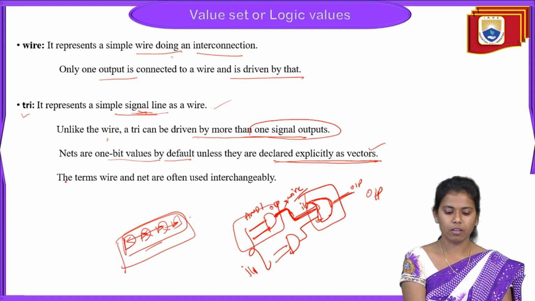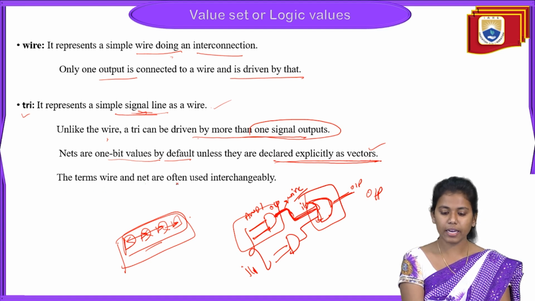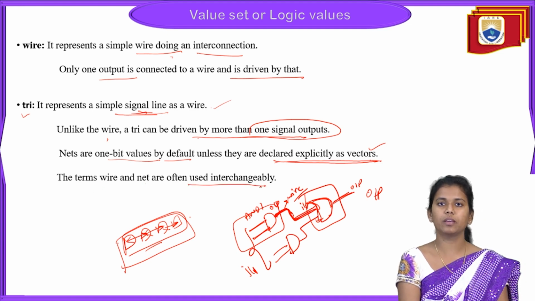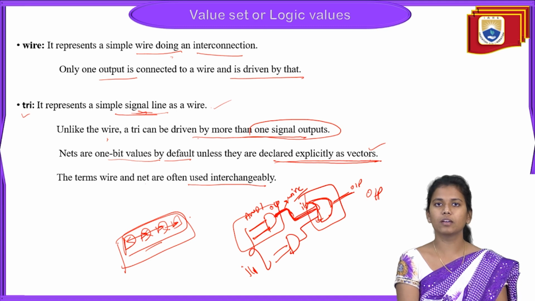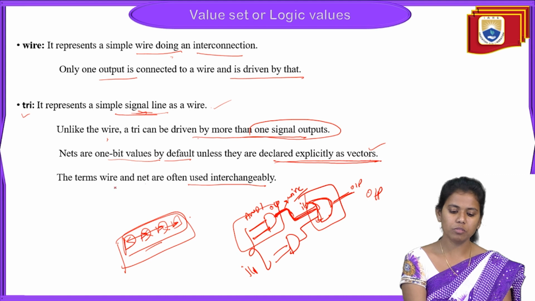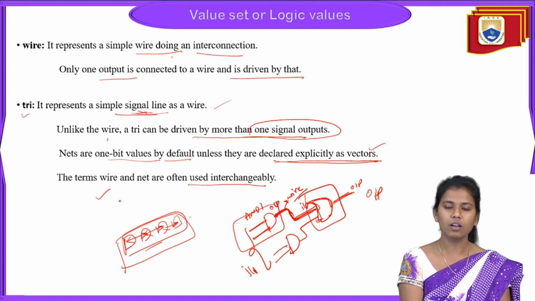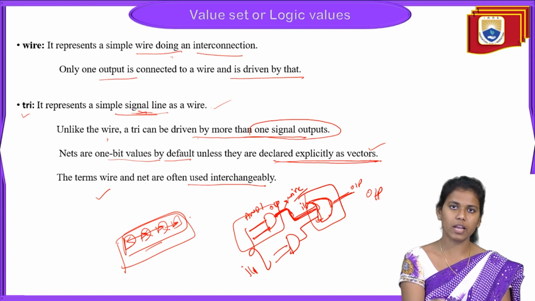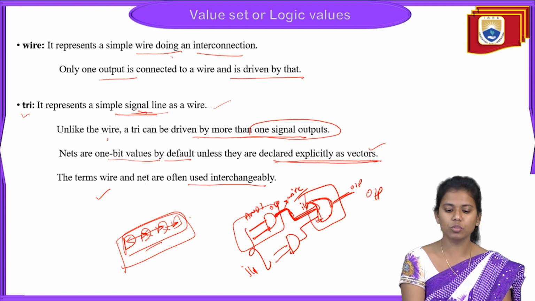Okay. Then the terms wires and nets are often used interchangeably. In this particular language construct, sometimes we may use wire, sometimes we may use tri, or sometimes we may use net.